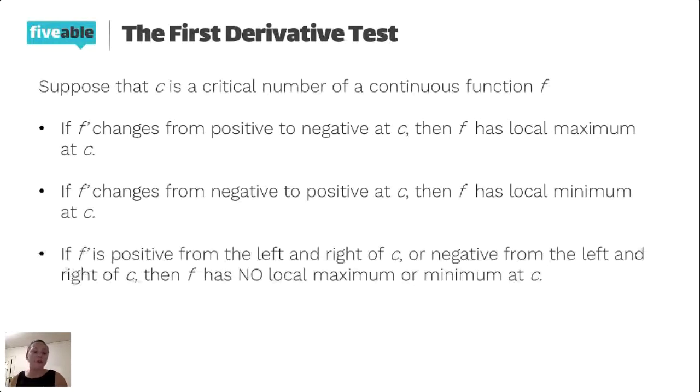And every once in a while, you're going to find that f prime stays positive or f prime stays negative to the left and right of a critical number. And in that case, it doesn't have a max or a min at that critical number, okay? But the big take-home point here is that if f prime changes from positive to negative, f, my original function, has a local maximum. And if my derivative changes from negative to positive, then my original function has a local minimum.